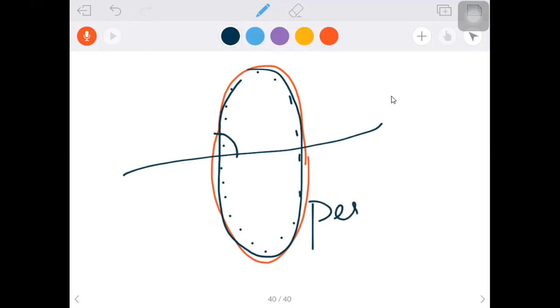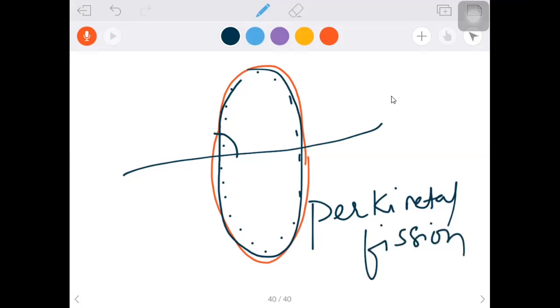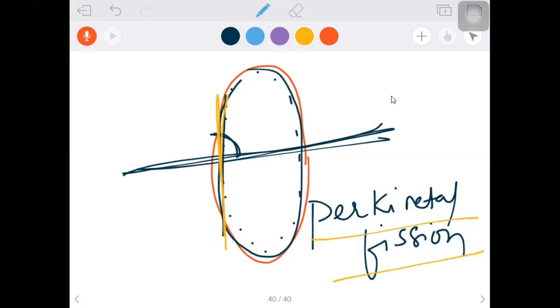Hence, we call it perkinetal fission, or also homothetogenic division. Okay, so this is the complete story of paramecium.